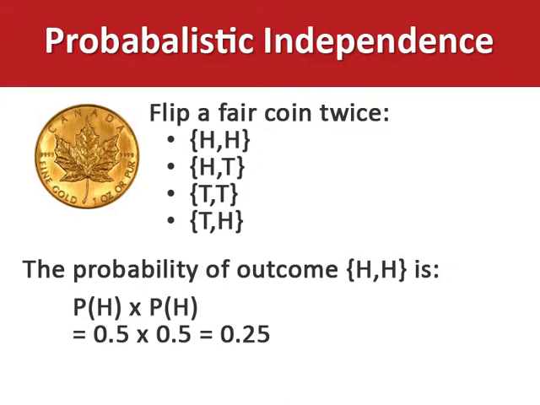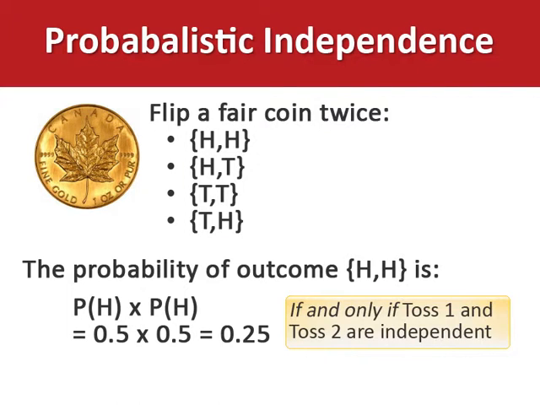So the overall probability of heads heads is 0.25 or 1/4, which we can see from above if we enumerate the sample that heads heads is one of our four possibilities. The important thing is that this little bit of arithmetic, probability of heads on the first toss times the probability of heads on the second toss, only works if the two events are independent.